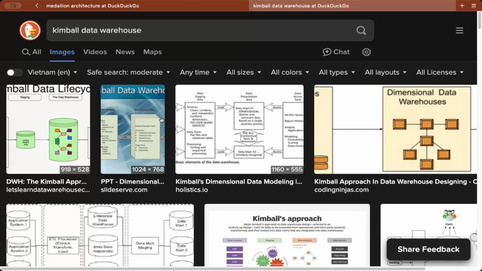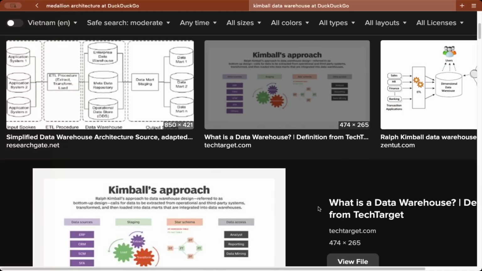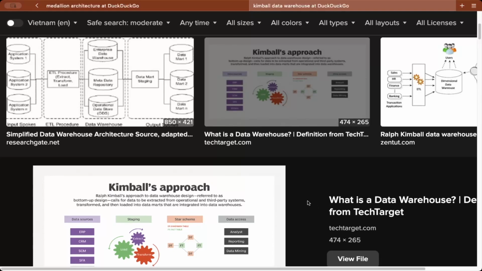With the Kimball technique, we focus on what the ETL looks like: how the data is extracted, how it is transformed, how it is loaded, which is the more important thing.